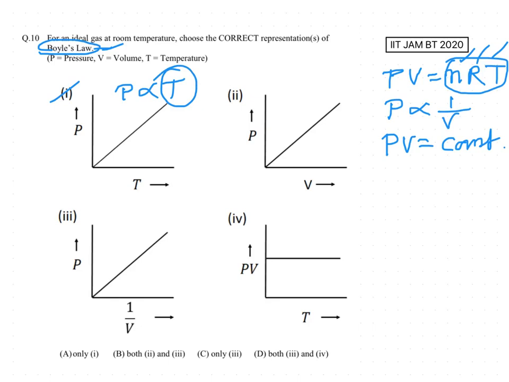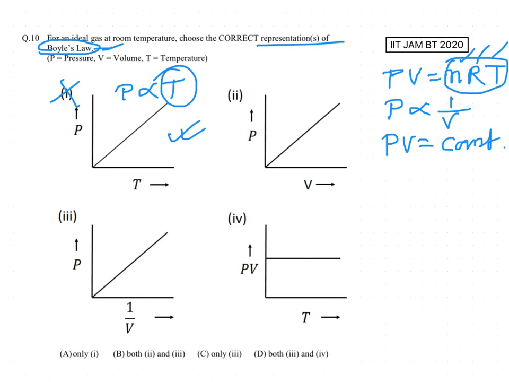So this graph, however true, does not represent Boyle's law. So this is not a correct graph here in this question.